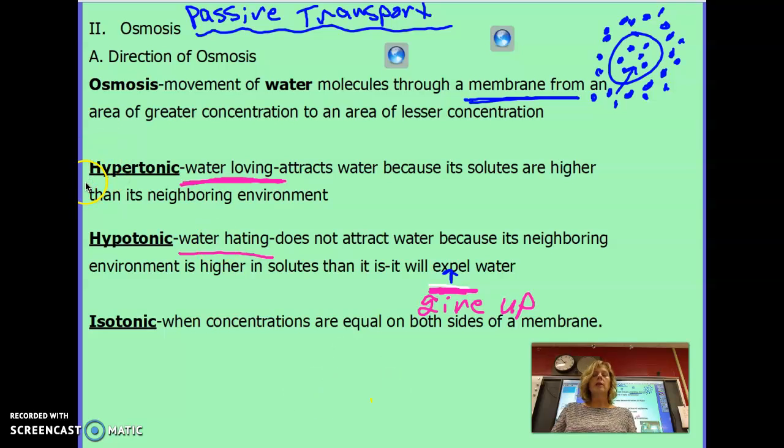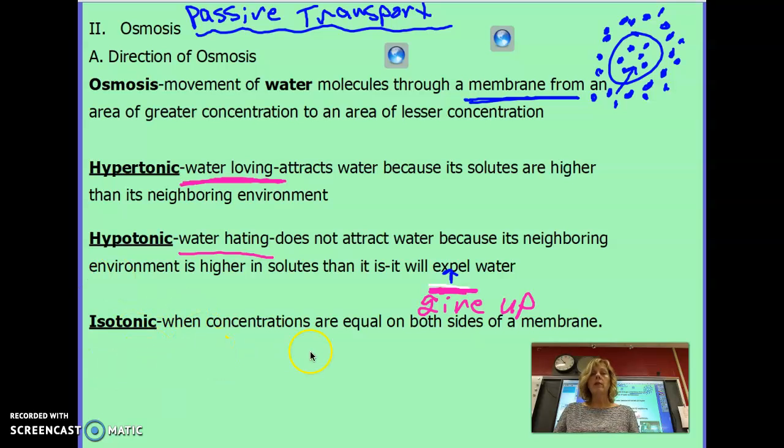Some terms, so an environment that attracts water is called hypertonic. An environment that does not attract water, in fact gives up water, gives water away, we sometimes call it water hating or water fearing, is called hypotonic.